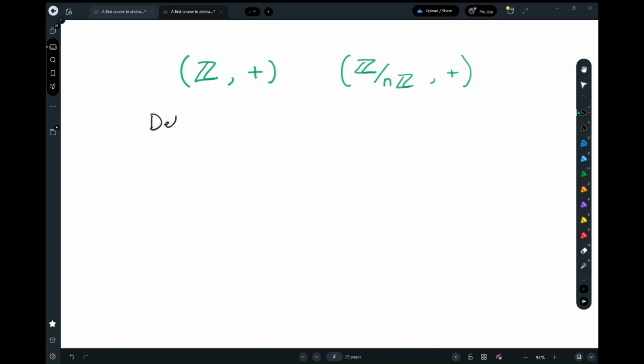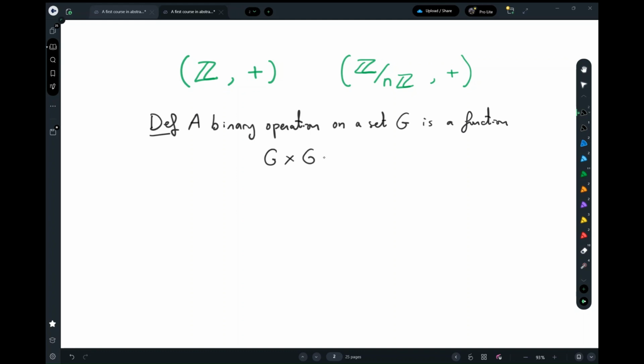So that is what we call a binary operation. A binary operation on a set G is a map, a function from G cross G to G. I'm going to call these operations by a star. So it's just a function.